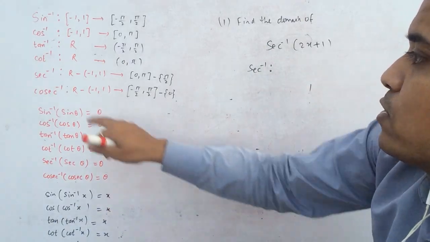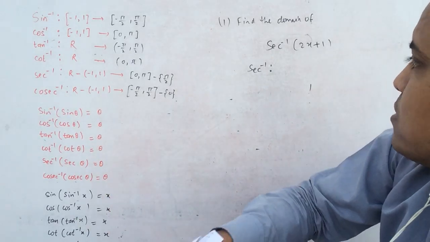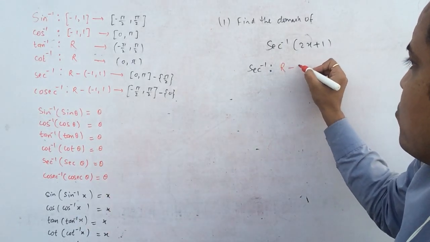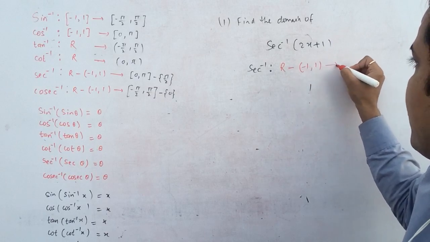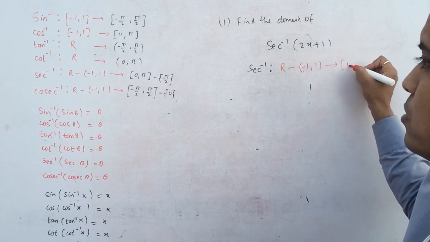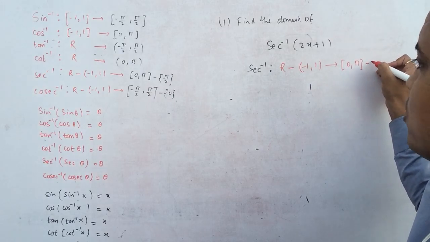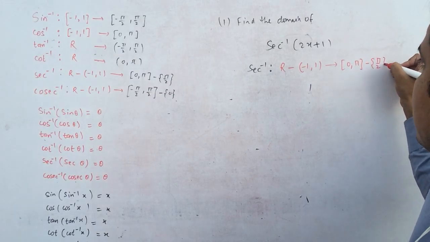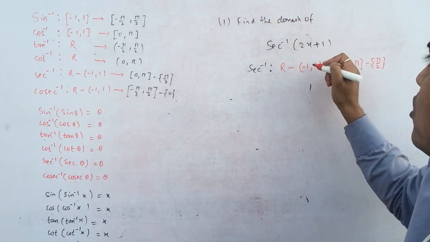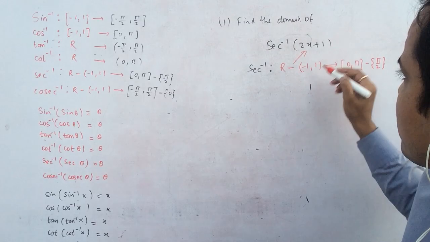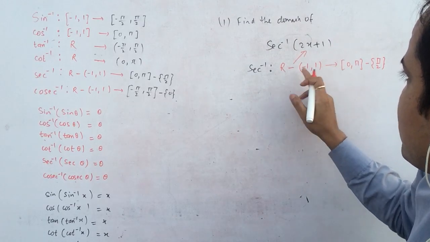The domain of sec inverse x is R minus (-1, 1), the real numbers excluding the open interval -1 to 1, and the range is [0, π] excluding π/2. This is the domain and range.